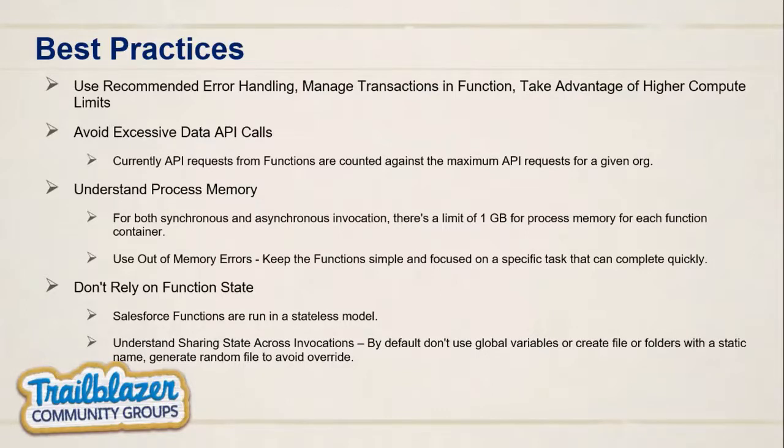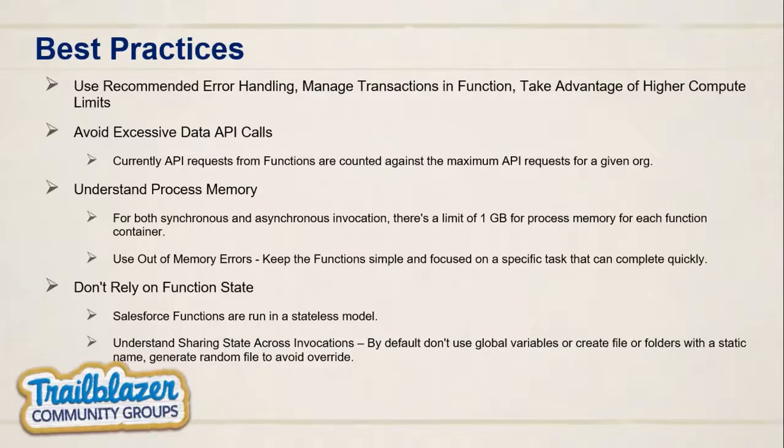And in an Apex transaction, we have a default rollback functionality, right? If there is any transactional failure, all the DML we perform will be rolled back. Whereas such a mechanism is not available in Salesforce functions. So we should be aware of this and we have to manage the transactions by ourselves.